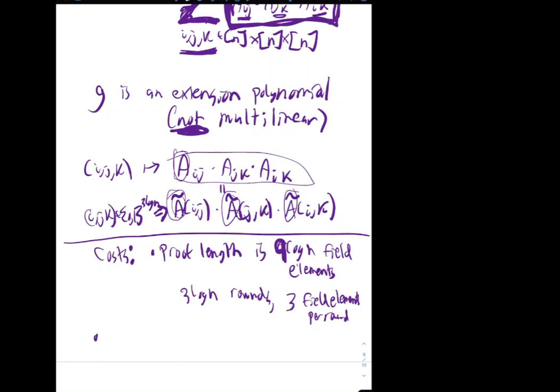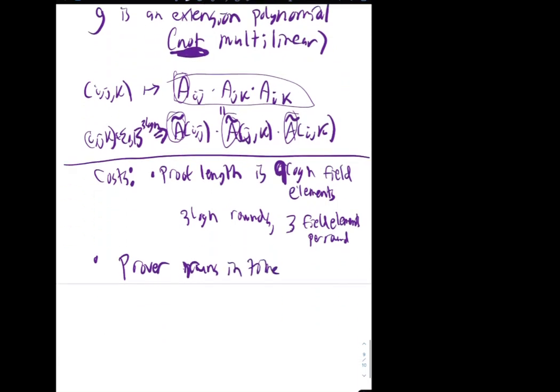The prover, remember, runs in time order 2 to the L, where L is the number of variables, times the evaluation time of G. Think for a second.